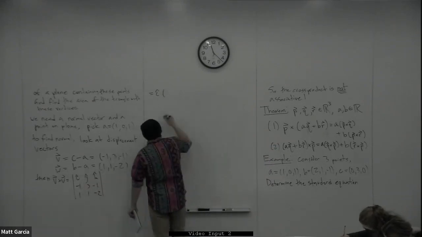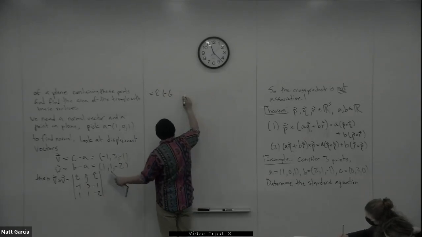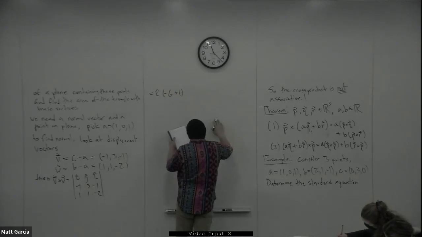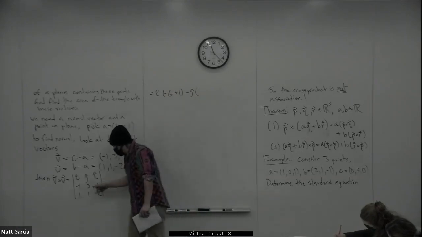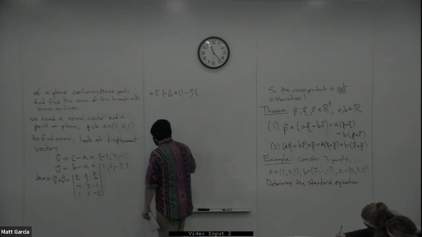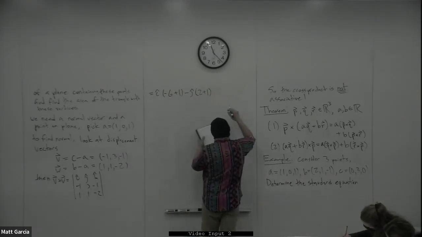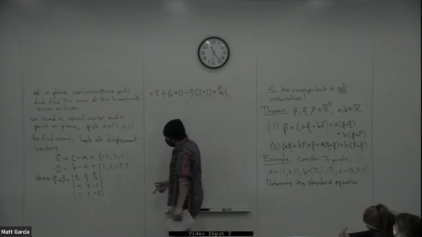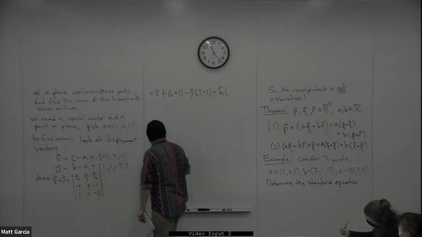So we get -6 minus -1. Oh, sorry, minus -1. Okay. And minus j hat times the determinant of this 2 by 2. So what do we get here? We get 2 minus -1. 1. Plus k hat times our final 2 by 2 determinant. -1 times 1 is -1 minus 3.